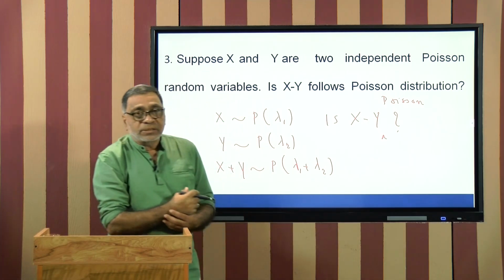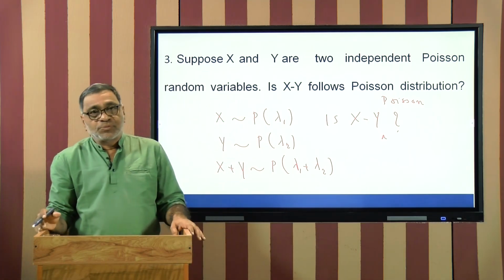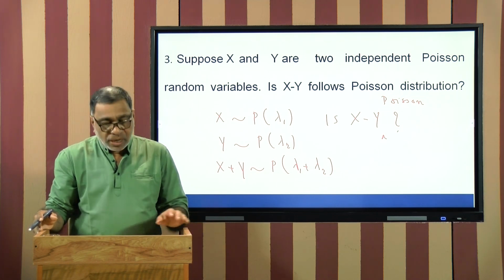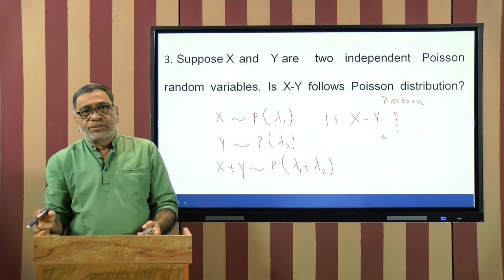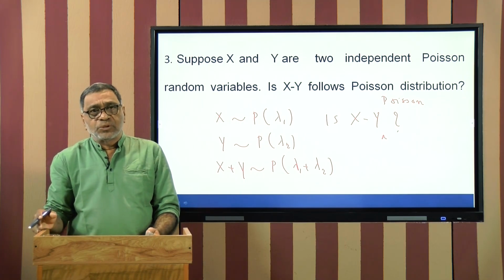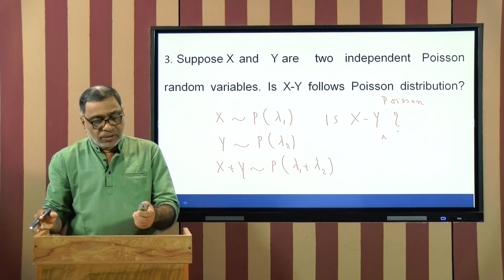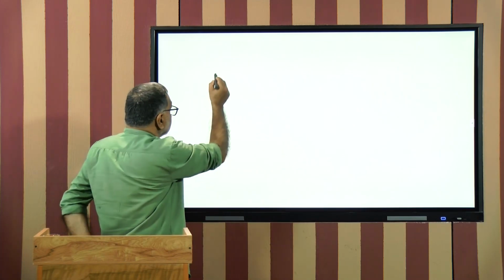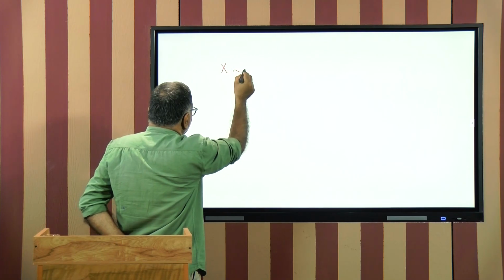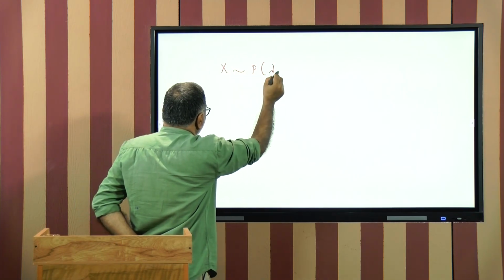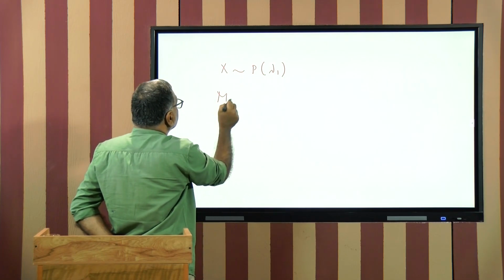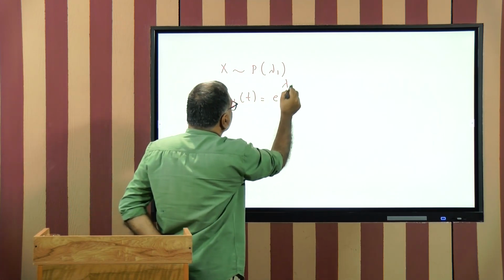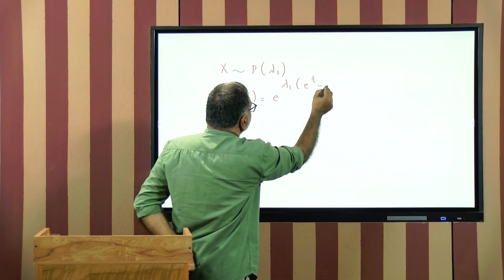The difference x minus y will not be a Poisson distribution, it is not a Poisson random variable, and that can be established easily using the moment generating function. If x is a Poisson random variable with parameter lambda 1, we know the moment generating function M x of t that we established is e power lambda 1 into e power t minus 1.